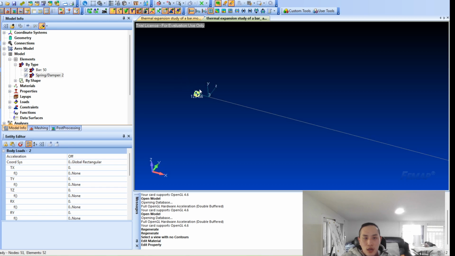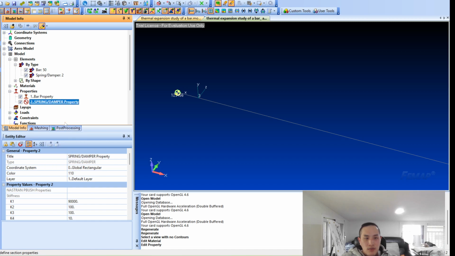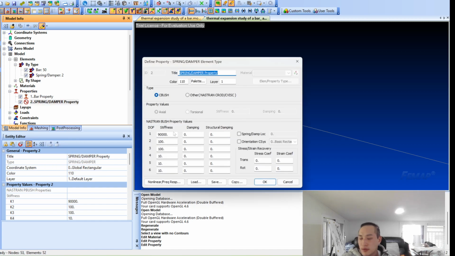And so when we look at the properties, I just came up with an idealized property. This is just for idealization purposes. But if I assume a stiffness in the X direction, which is along the axis of the bar, at 90,000, that's just for idealization purposes.